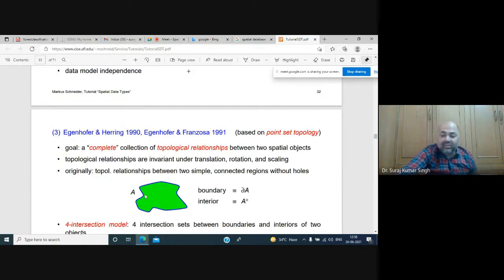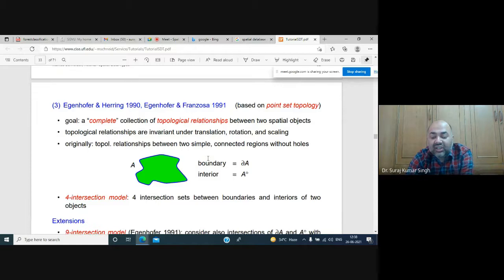So we are reading the different spatial database models. Then you have Egenhofer and Herring 1990, based on point-set topology. The goal is a complete collection of topological relationships between two spatial objects. The topological relations are invariant under translation, rotation and scaling.